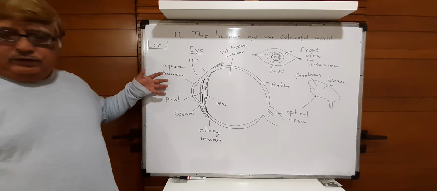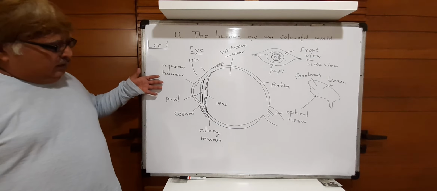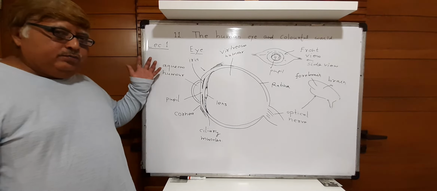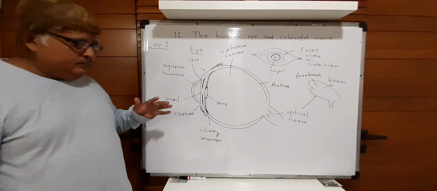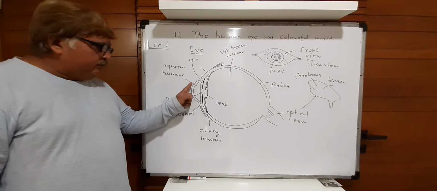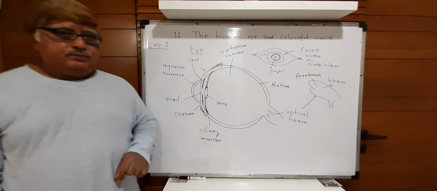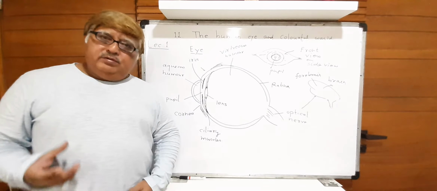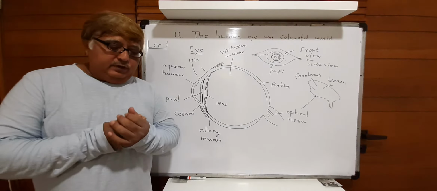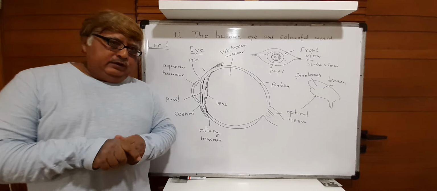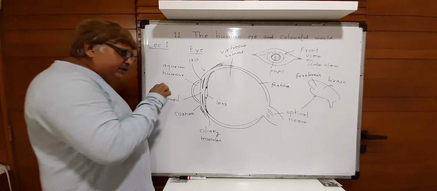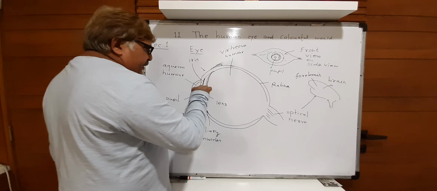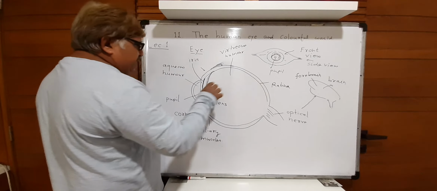What happens first? A light ray reflected from any object falls on the cornea. Try to remember, we usually think that the eye lens is the one actually refracting the light rays and allowing them to concentrate on the retina.